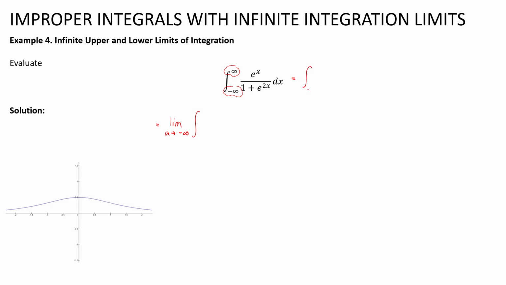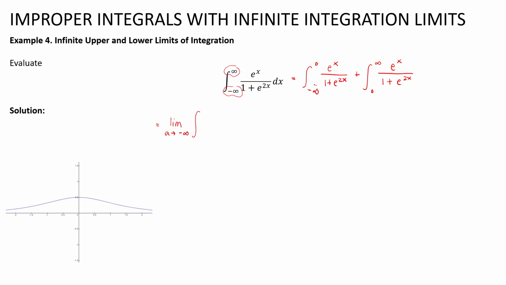So this becomes negative infinity to 0, e raised to x all over 1 plus e raised to 2x, then plus 0 to positive infinity, e raised to x over 1 plus e raised to 2x.